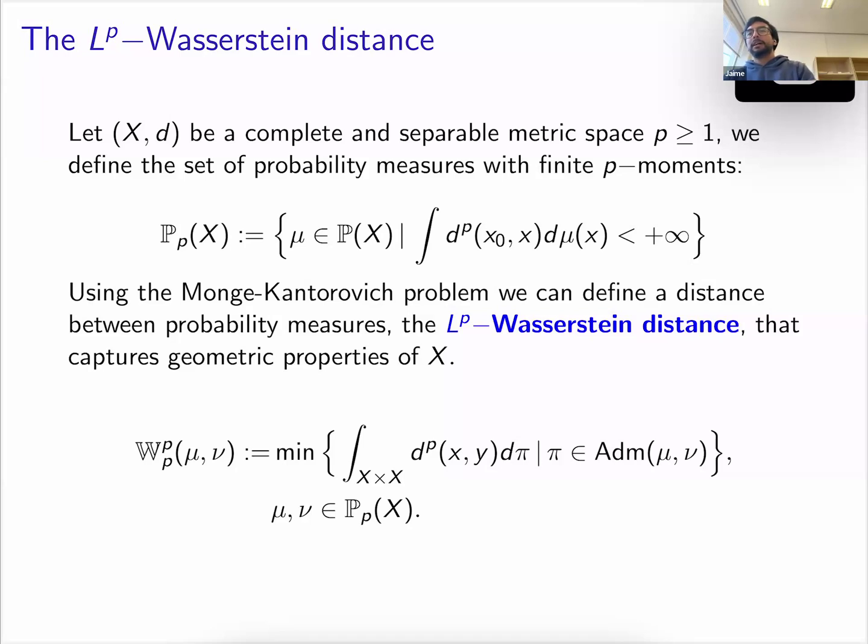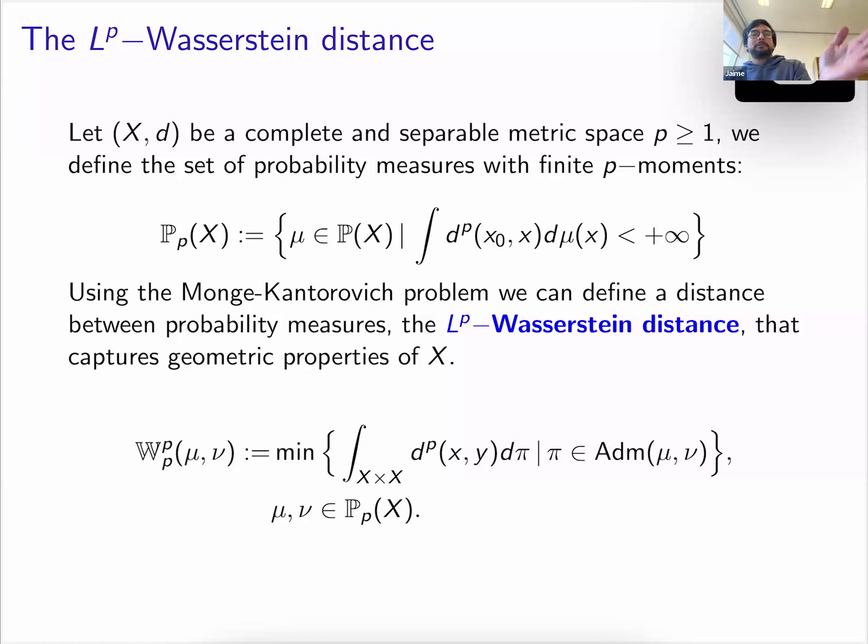That is, I will look at probability measures such that if you fix a point x0 and you take the integral of the p power of the distance from that point x0, I get that the integral with respect to mu is finite. And once I have this set, I can give a distance on it using the solutions to the Monge-Kantorovich problem. And the result will be called the Lp Wasserstein space.